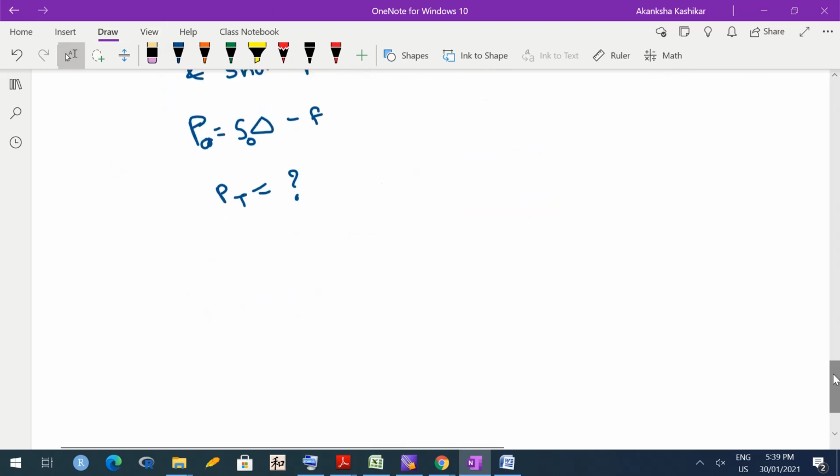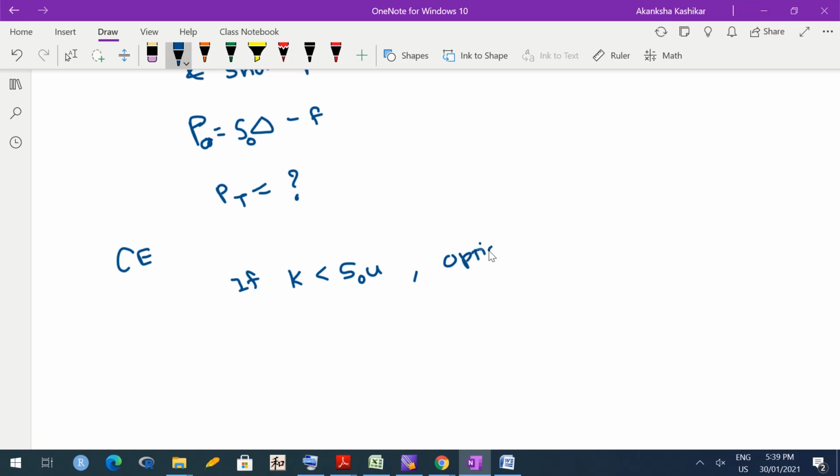Let us assume that we are talking about a call option. So what happens in a call option? If K is less than S0U, meaning the strike price is less than the upper market price, then the option would be exercised. Otherwise the option won't be exercised.